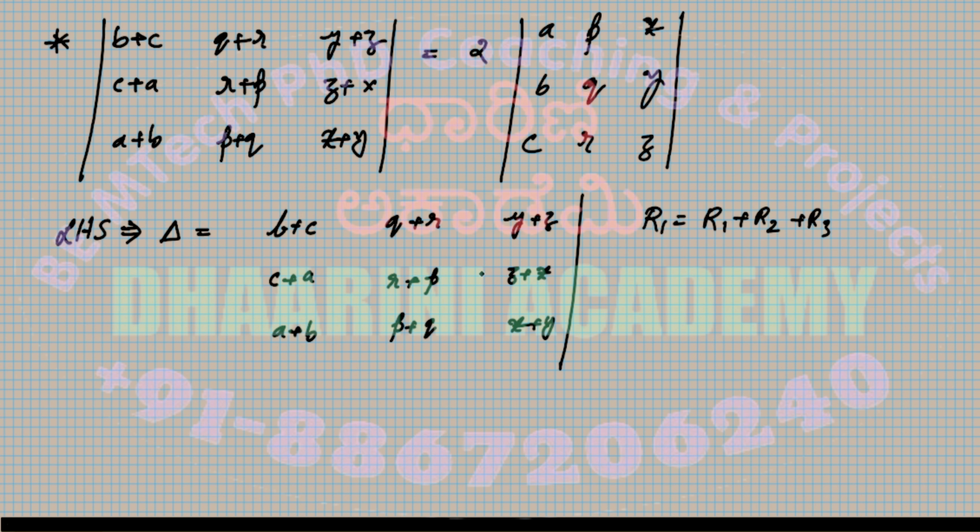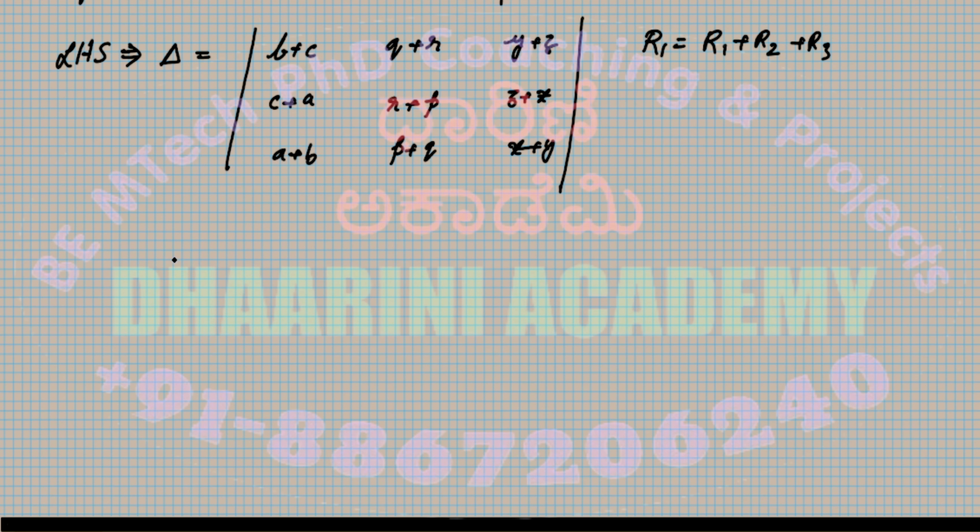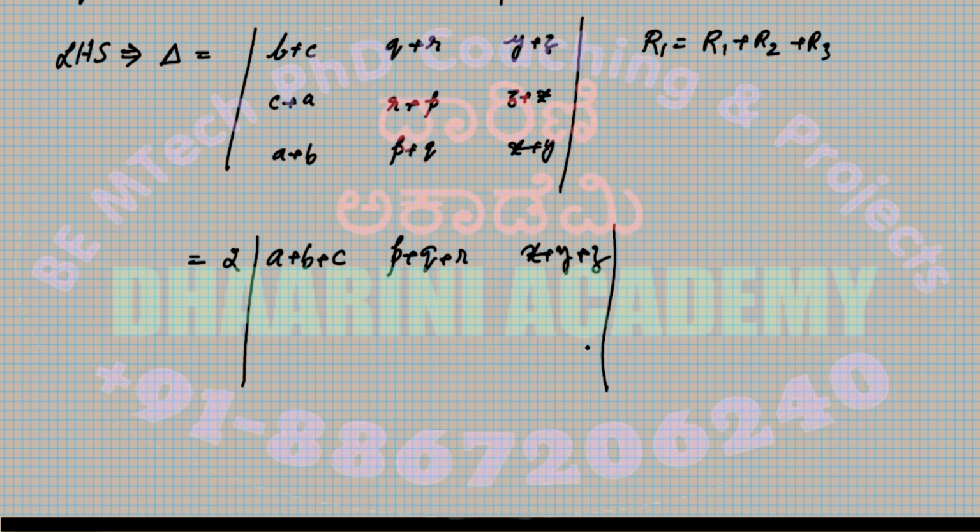Linear addition or subtraction can be performed on rows or columns. So this is going to give you, so everything gets added. B plus C plus A plus B is 2 times A plus B plus C. So I take a 2 outside. I have A plus B plus C. Same thing, P plus Q plus R and X plus Y plus Z. Everything has a 2 which I have taken out.